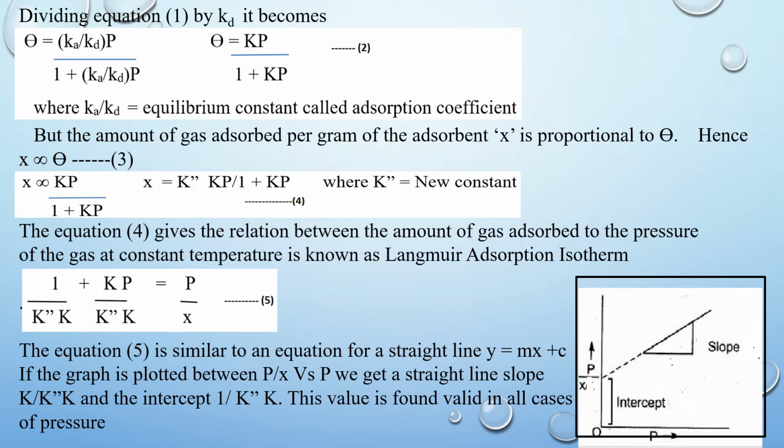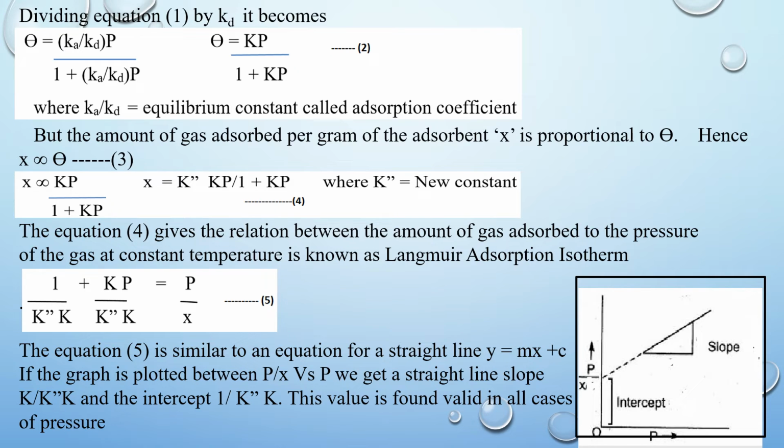Now the equation is divided by Kd, hence theta becomes (Ka by Kd into P) by (1 plus Ka by Kd into P). This Ka by Kd is called the adsorption coefficient, hence this term is replaced by capital K. So now the equation becomes theta is equal to KP by (1 plus KP).